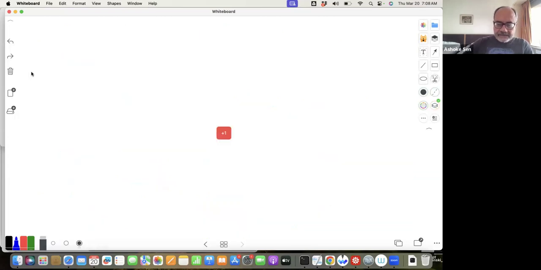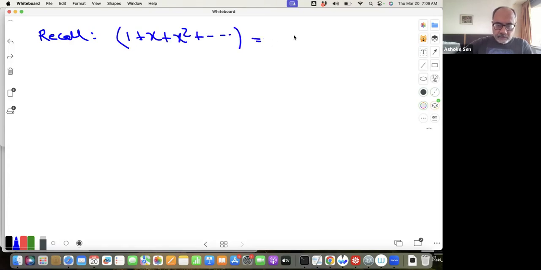Now, we had said that this is not usually a problem because you can do analytic continuation. Recall that if you have a term like this, we declare this to be 1 over 1 minus x, even if x is greater than 1, when this sum doesn't converge.